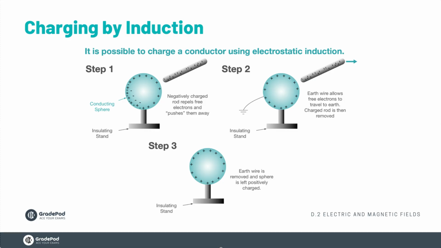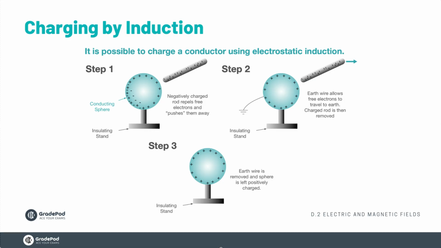Step number 1 is to take a negatively charged rod towards the object. And the effect that has is it moves the electrons within the uncharged object to the other side. It repels those electrons. Step number 2 is then to take an earth wire to the object you're trying to positively charge.